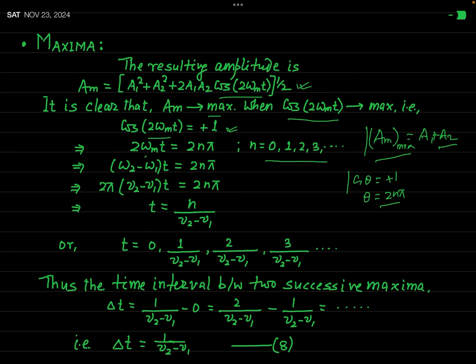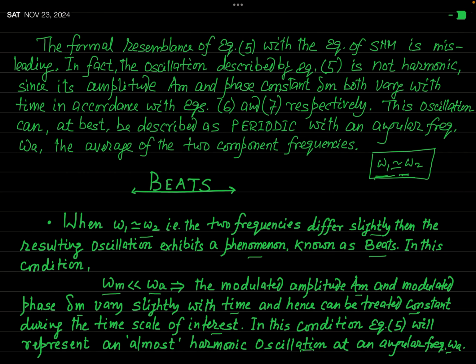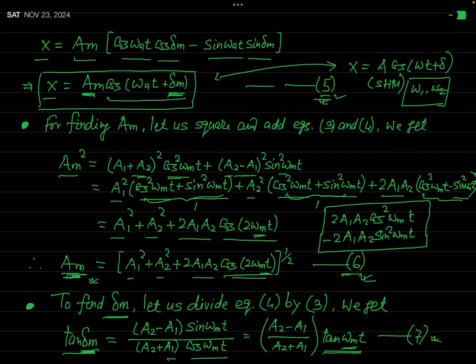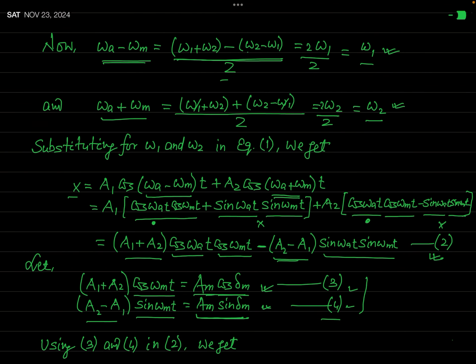But what is omega m? You have seen earlier that 2 omega m is equal to omega 2 minus omega 1. You can see it here.